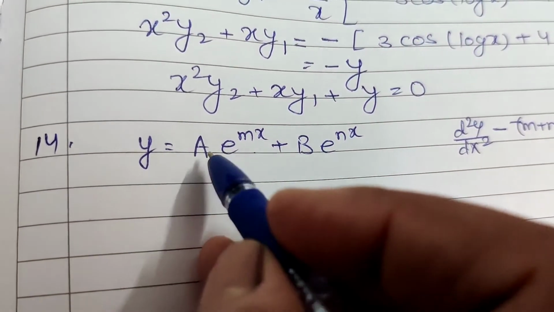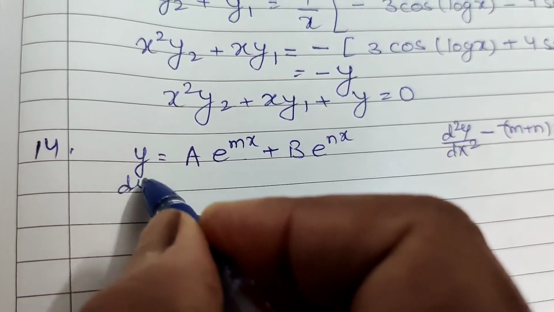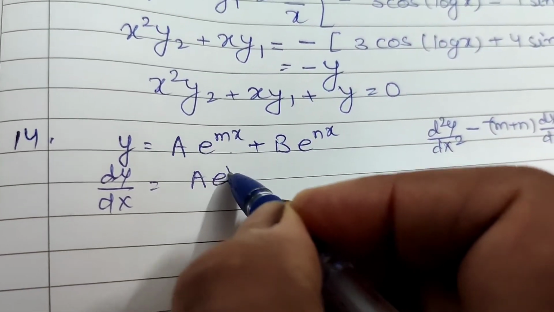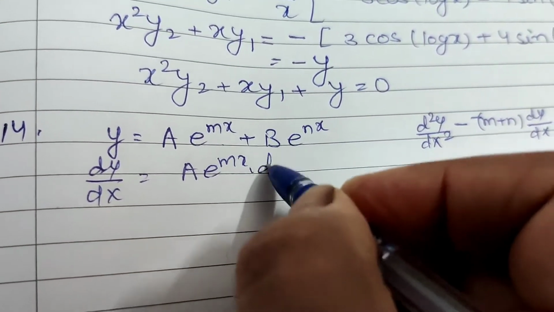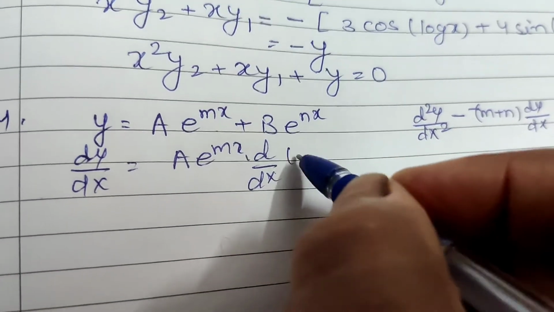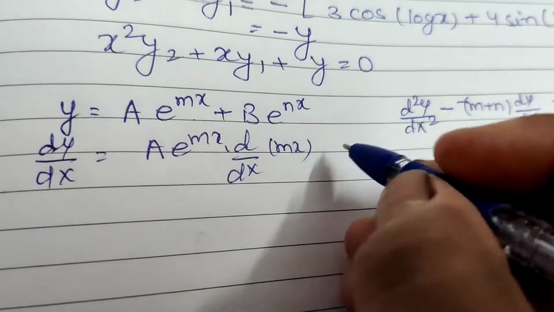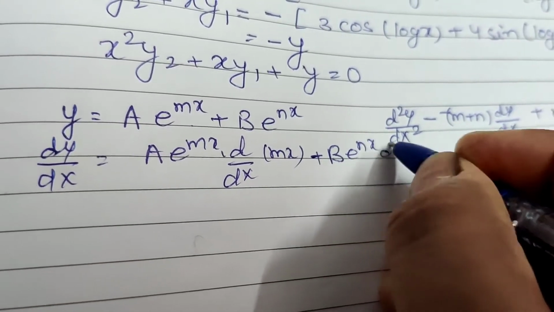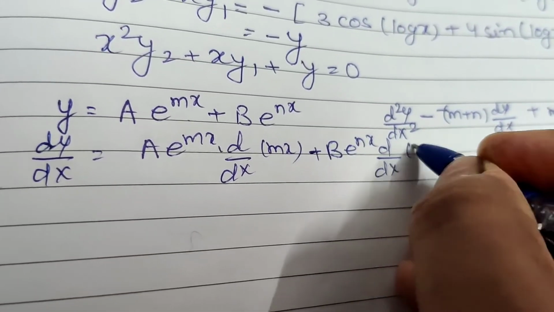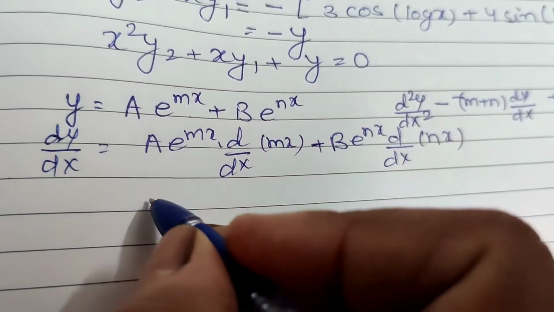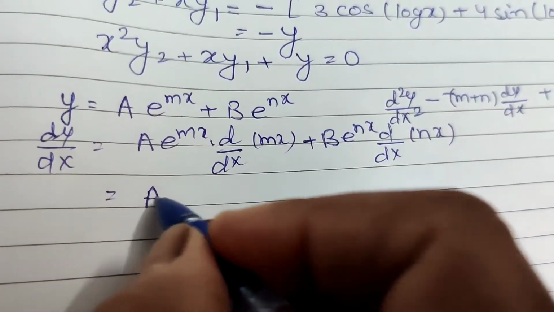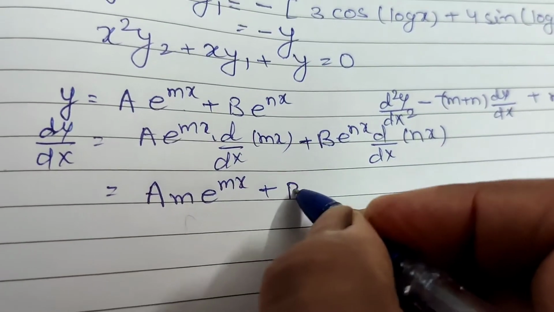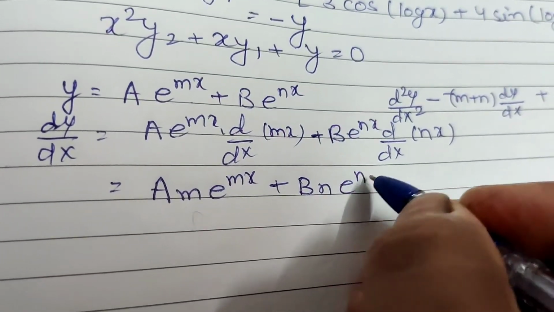Now differentiation of y: a e raised to power mx and d over dx of mx, the same b e raised to power nx and differentiation of nx. It is equal to a m e raised to power mx and b n e raised to power nx.